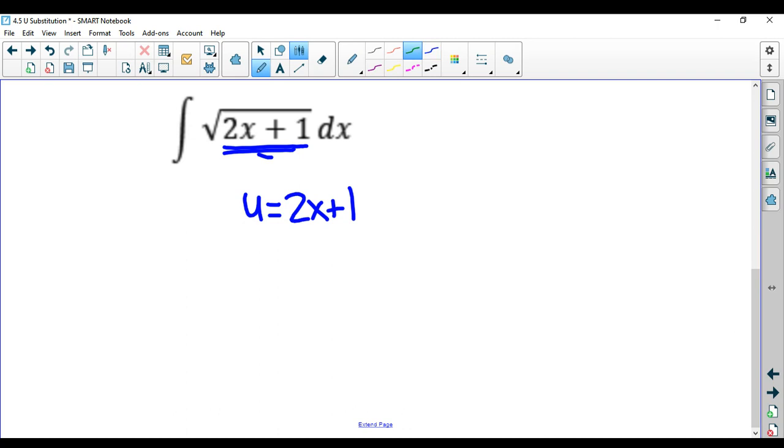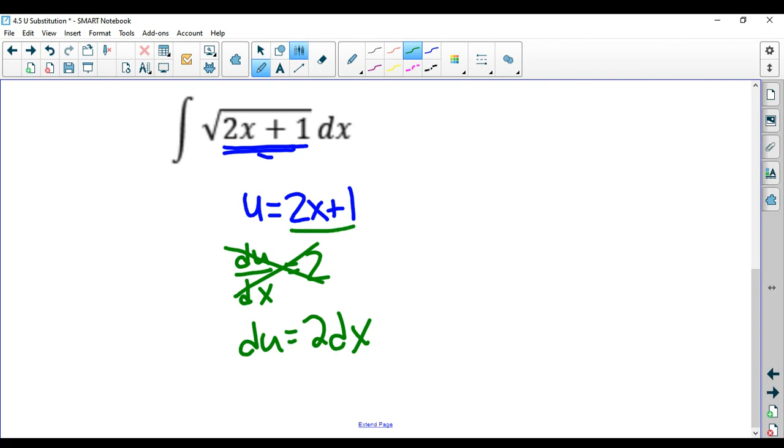So if u is that, du/dx, the derivative of u with respect to x, is 2, because the derivative of 2x is 2. So now multiply both sides by dx. And usually we're going to skip this part. We'll just say du would be the derivative of this, which is 2 times dx.